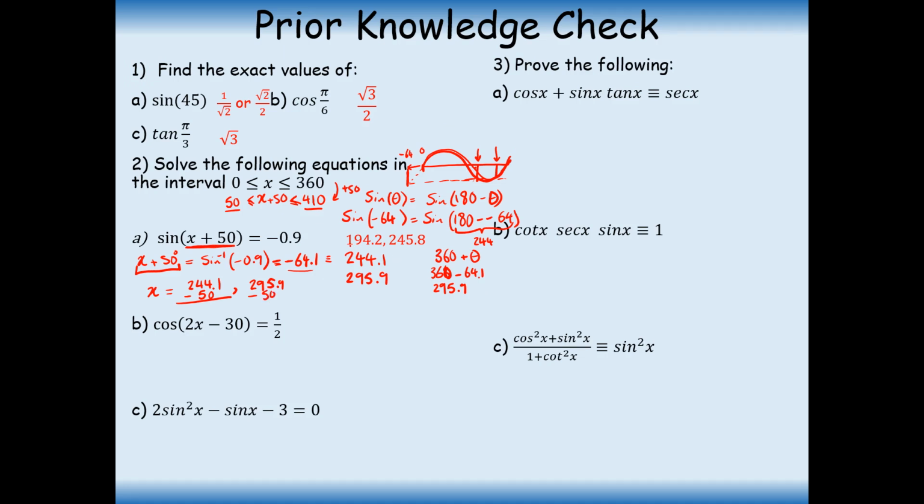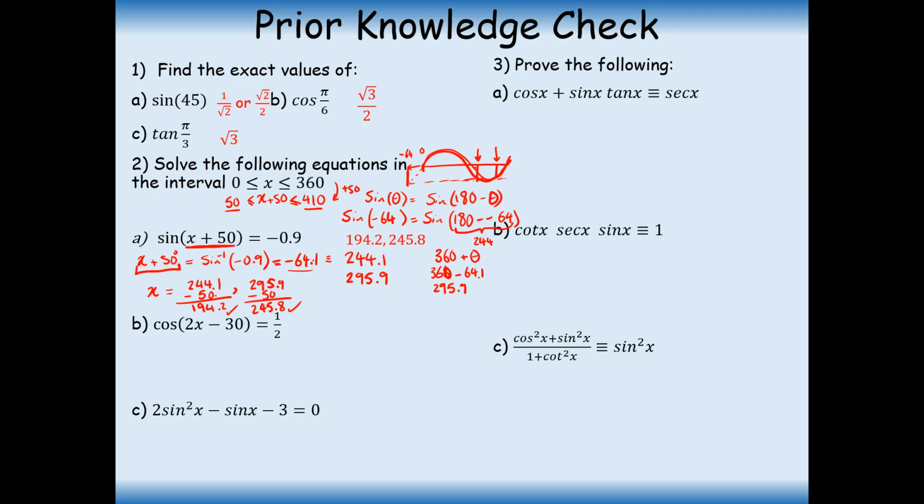And what you will end up with is those two numbers that popped up on the page, 194.2 and 245.8. Now there is a rounding correct to one decimal place, which if you do it correctly, you will get these two answers.